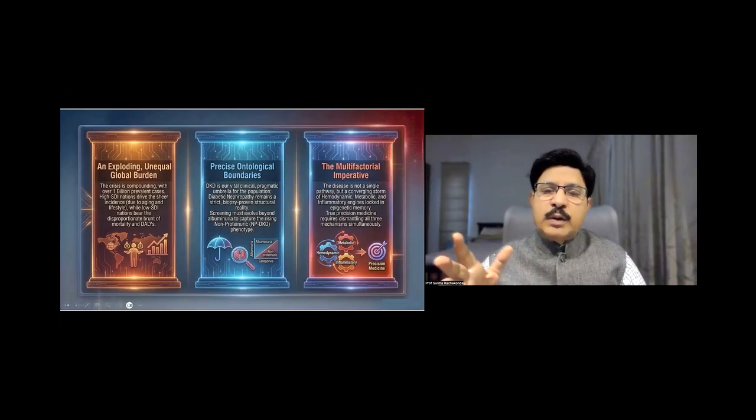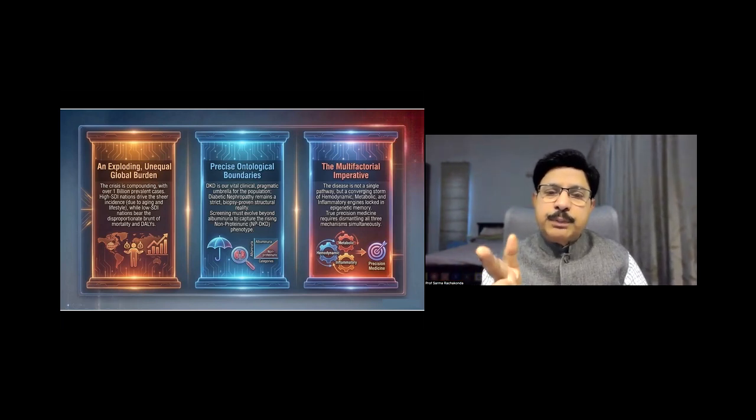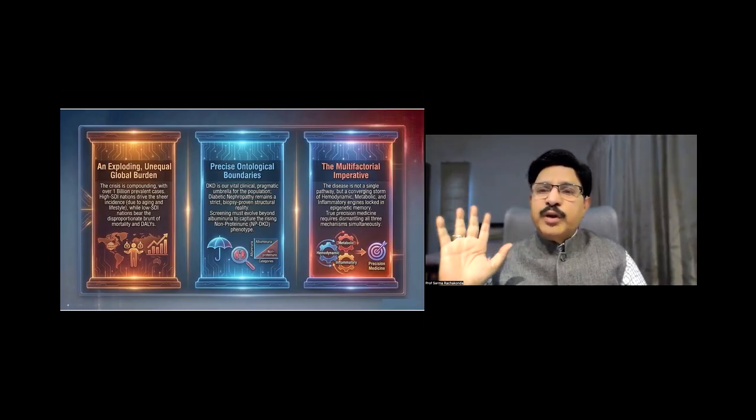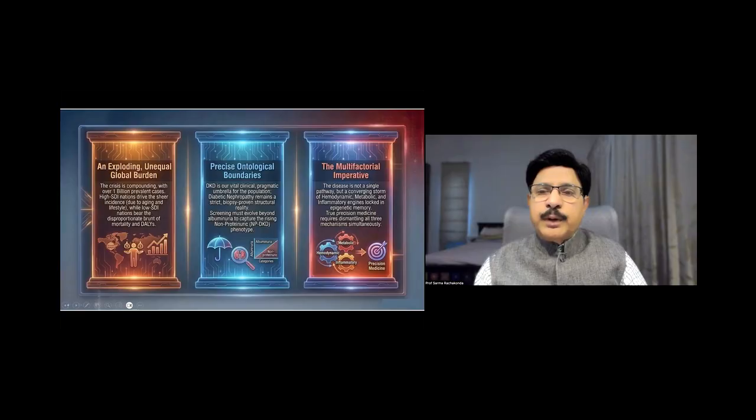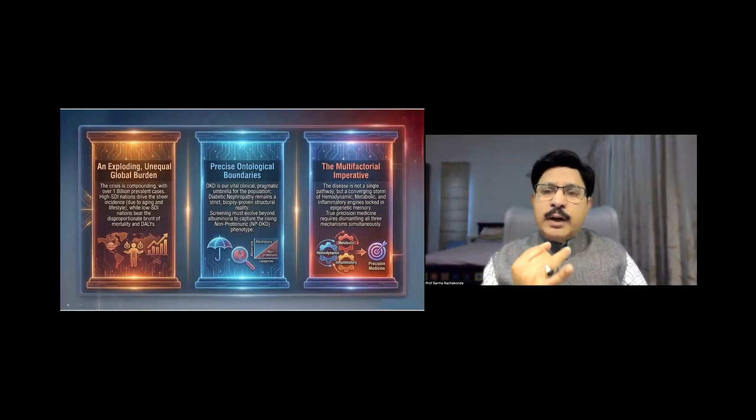Just looking at the albuminuria and eGFR alone may not pick up diabetic kidney disease. You must look for NPDKD, the non-proteinuric phenotype. Now, the multifactorial imperative: the disease is not a single pathway, but a converging storm of hemodynamic, metabolic, and inflammatory engines locked in the epigenetic memory.